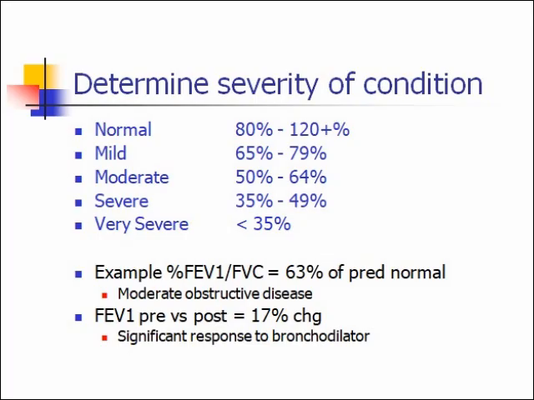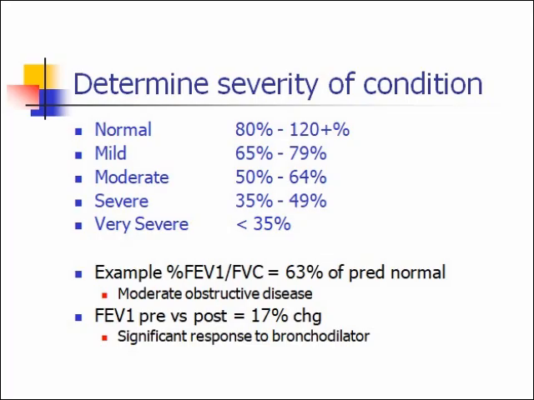If it's 65 to 79%, it's classified as a mild condition. 50 to 64% is a moderate condition. 35 to 49% is considered a severe impairment, and less than 35% is classified as a very severe impairment.